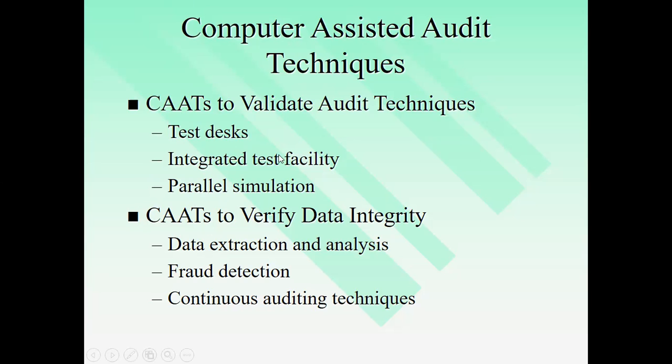Now, if we say parallel simulation, we have to prepare two systems. One is used, of course, by the company and one is to be used by the auditor. So these two will be compared as to the results. We are going to make use of certain data or information, then place them into the two systems and check what the result would be afterwards.